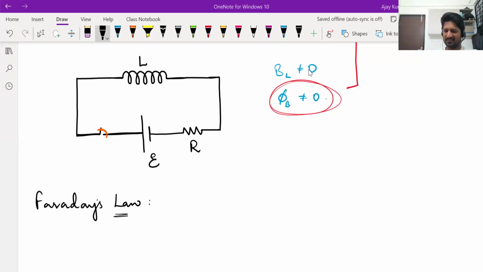Statement or the formula at least. Sir, when the magnetic flux is linked to a coil, then the induced EMF is produced in the coil when the flux changes. When flux changes, induced EMF is produced. Continue.